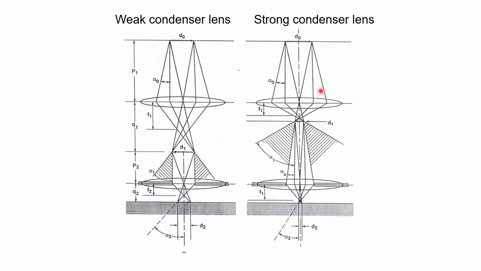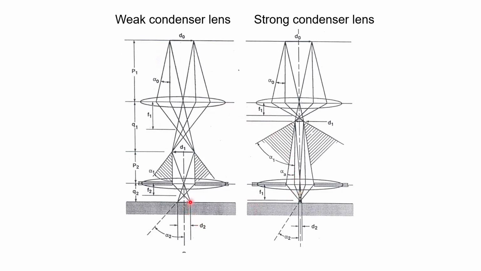In the case where you have a stronger condenser lens, the probe diameter is d1, and it has a very high alpha value, alpha 1, because it converges at a smaller distance, so it has a larger alpha. When the aperture is present, it gets focused at the specimen. The specimen position is the same; the only difference is the condenser lens strength.